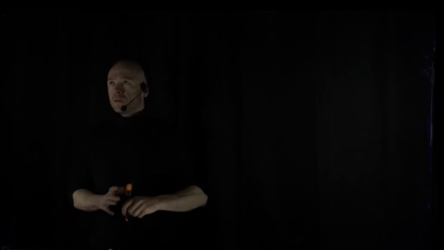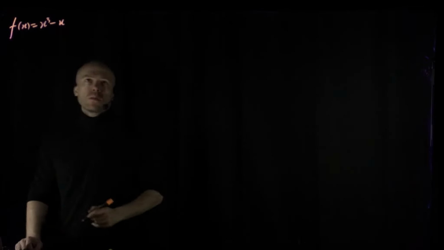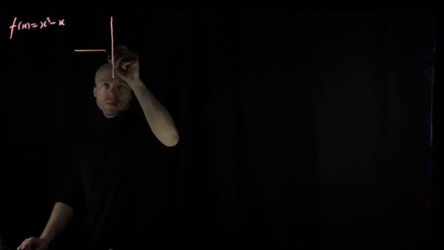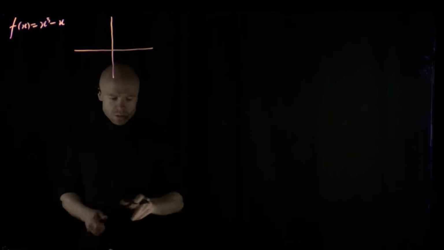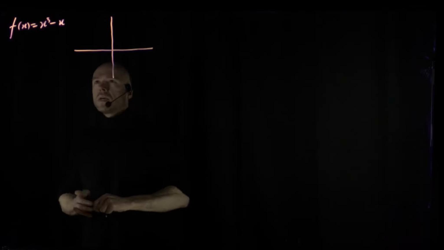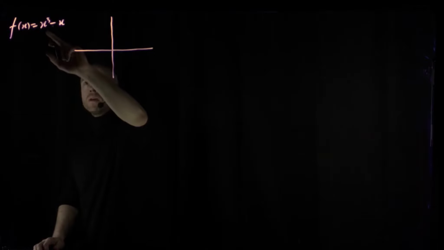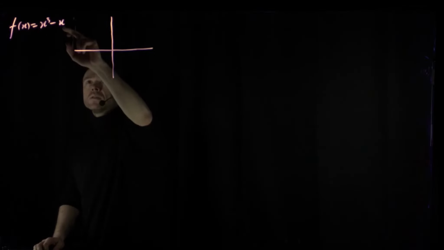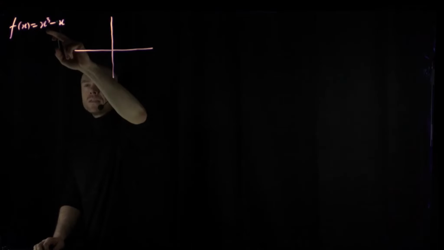Okay, so our function is this. And let's try and figure out what it looks like. So let's draw some axes. Now, as x increases, both x to the 3 and x are going to increase, but for very small x, x is going to be a lot bigger than x to the 3, right?